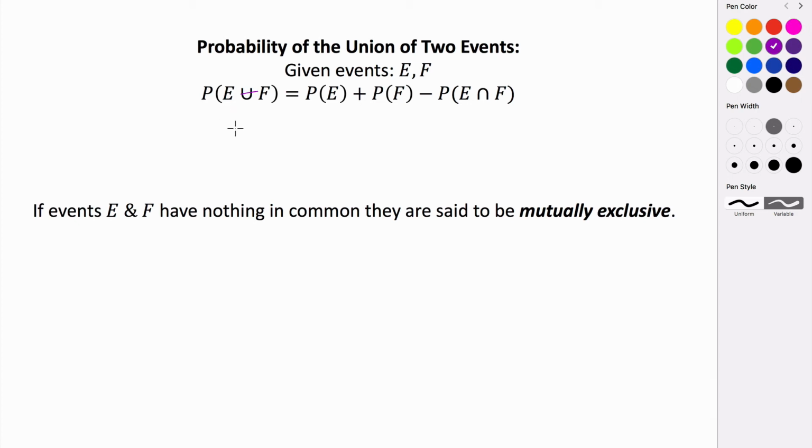And if we're trying to calculate the probability of the union of two events that are mutually exclusive, then it ends up just being the probability of your first event plus the probability of your second event. When we subtract their intersection, it's actually just equal to 0, so we don't even have to subtract the intersection. It's just going to be this for the union of two events that are mutually exclusive. You just take the sum of the two probabilities of your two events.